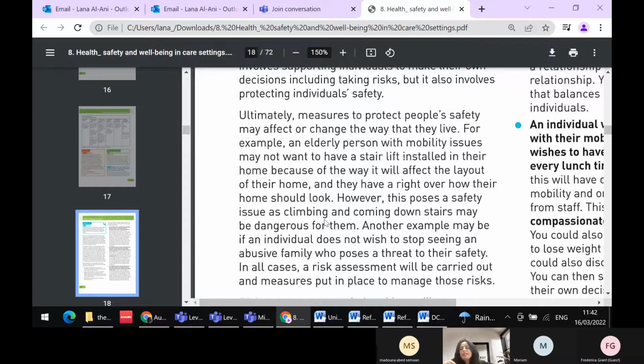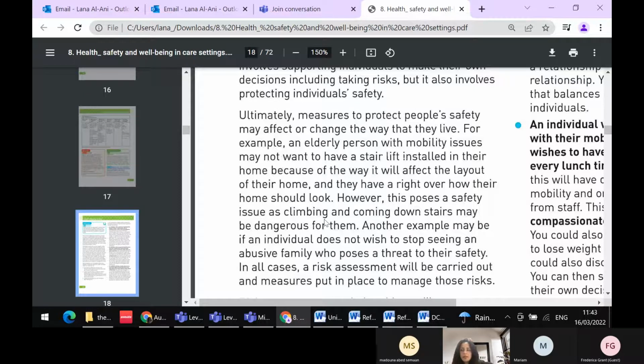Also, when you do risk assessment, you find out who's responsible for this risk. And here is where you can give more training to people. Also, you put measures in place to protect other people's safety, to change these situations. So an elderly person with mobility issues may not want to have a stair lift installed in their home because of the way it will affect the layout of their home.